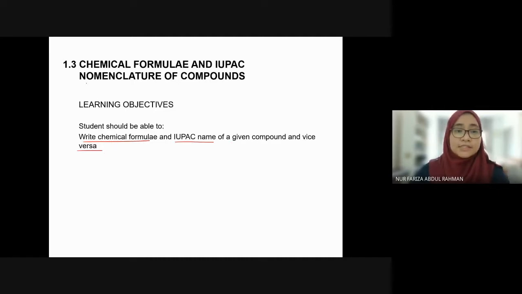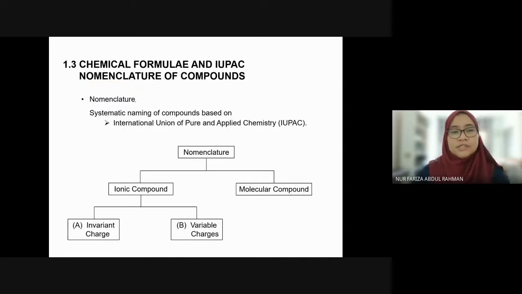Nomenclature stands for naming, the systematic naming of a compound, based on IUPAC. IUPAC stands for International Union of Pure and Applied Chemistry.